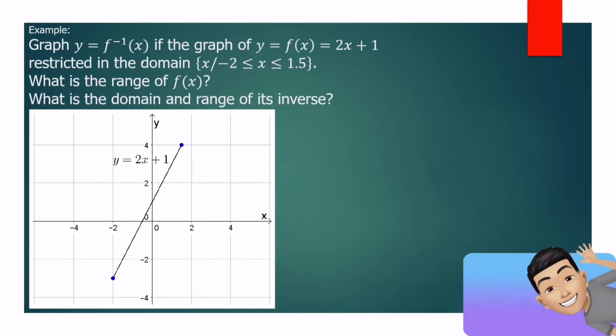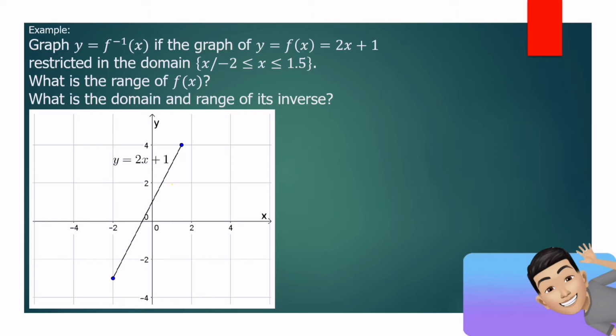Ito, inilagay ko ulit yung word problem natin or yung given situation. At ito yung specific graph ng ating given function, 2x plus 1. If we are going to check if this function is a 1-to-1 function, sure na 1-to-1 function siya. Why?